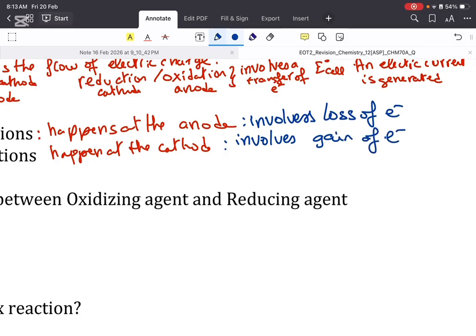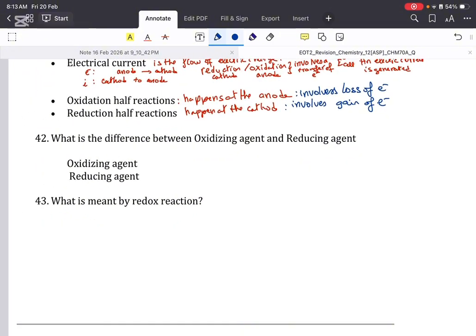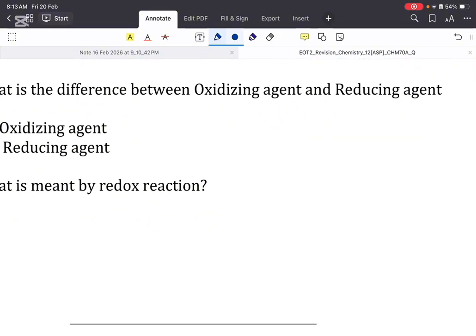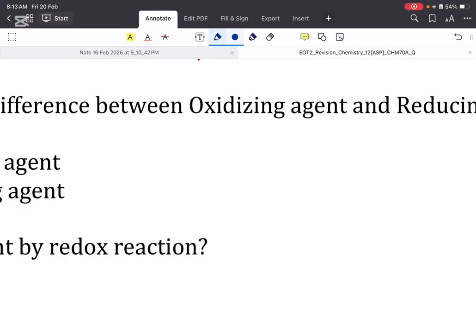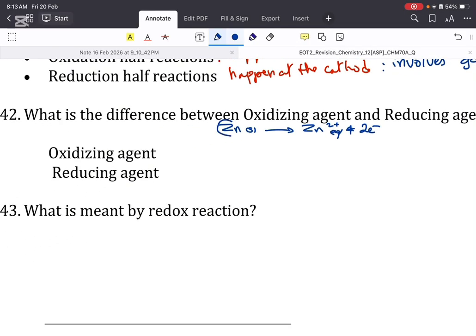gain of electrons. What is the difference between oxidizing agent and reducing agent? I'm just going to give an example. If I have an oxidation of zinc solid going to Zn2+ aqueous plus 2 electrons, we say that zinc got oxidized. This is the one that will be called a reducing agent.